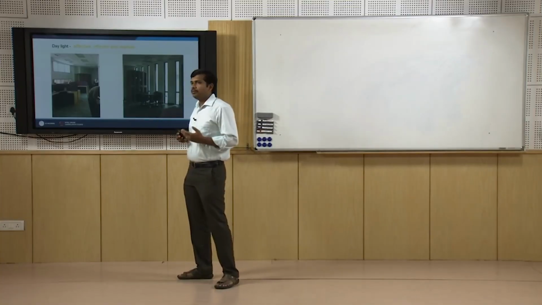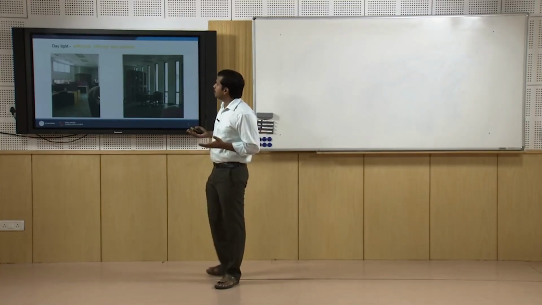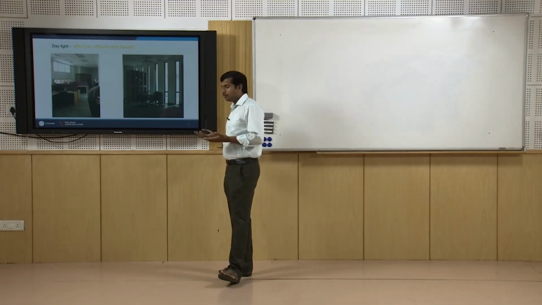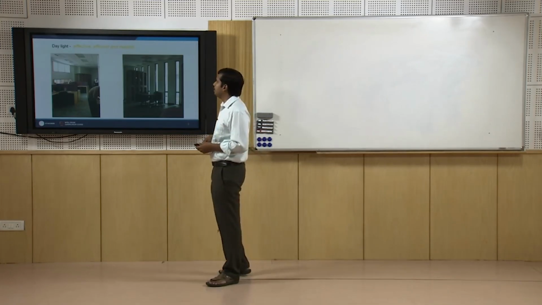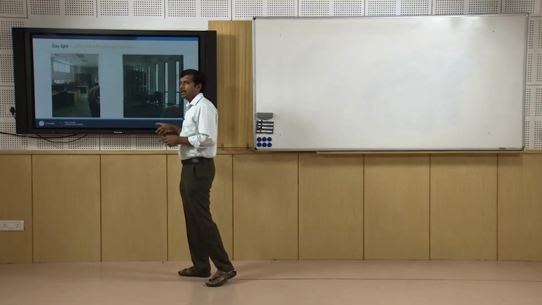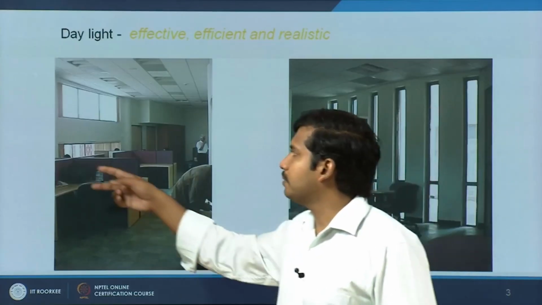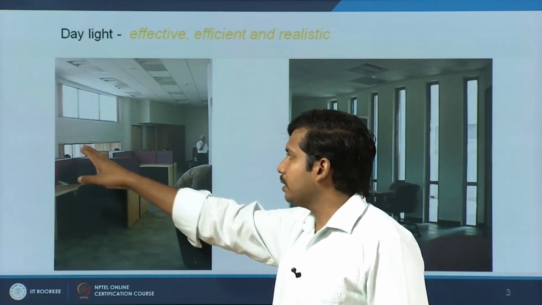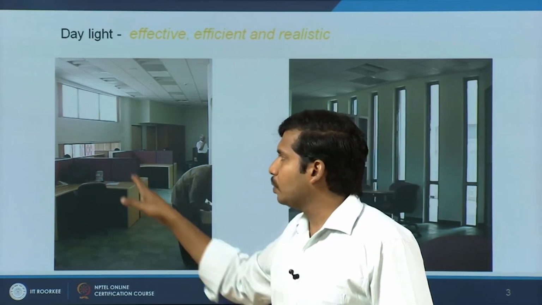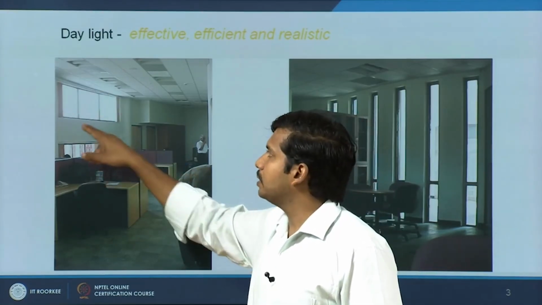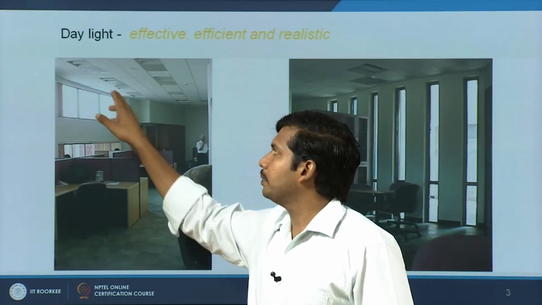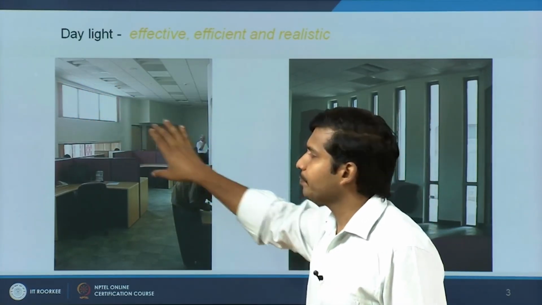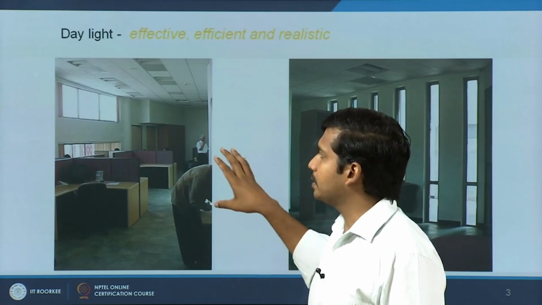So typically we have been studying various methods of effectively getting natural light into the building. Instead of having single large panel windows, for example, you can have two clear sets of window glazing, one catering to the work area close to the periphery, the other the typical skylight or the top part, which can be split, which will throw light onto the interiors of the building or the core areas of the building.